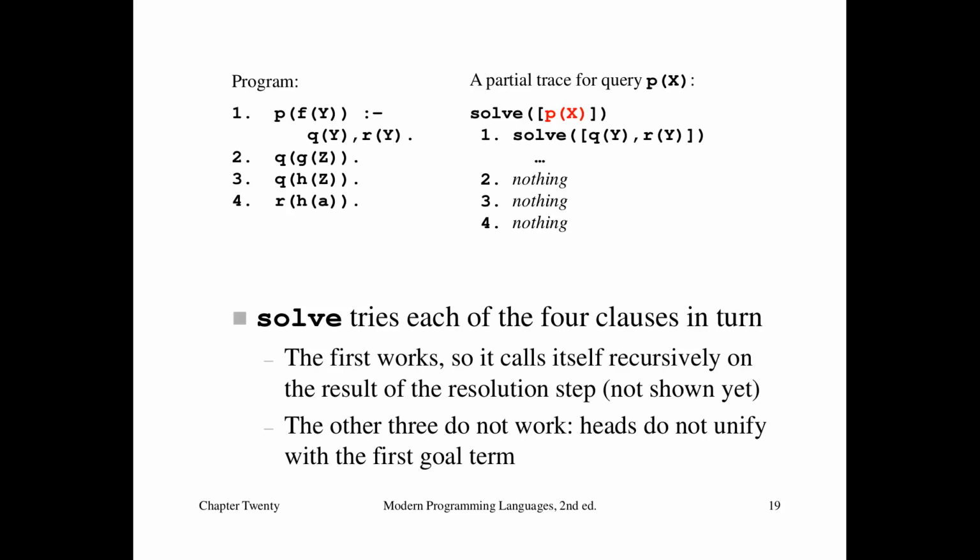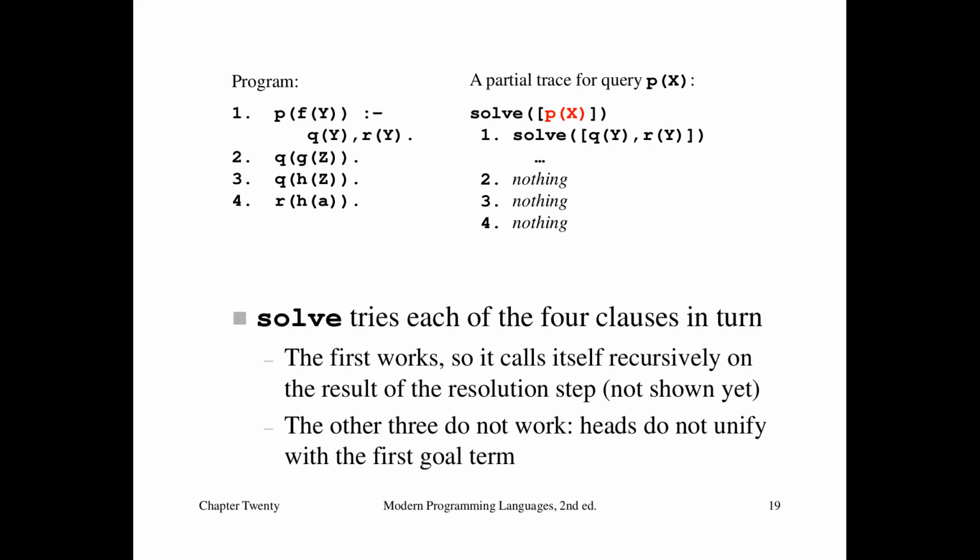What this ends up doing is giving us the capability to create a trace. We know that solve tries to solve each of the four clauses in turn. As we can see here, that's our program, four different clauses. The first works, so it calls itself recursively on the result of the resolution step, which is not shown yet. The other three won't work, because the head does not unify with the first goal term; the only one that matches is P, with P of x, the first goal term.